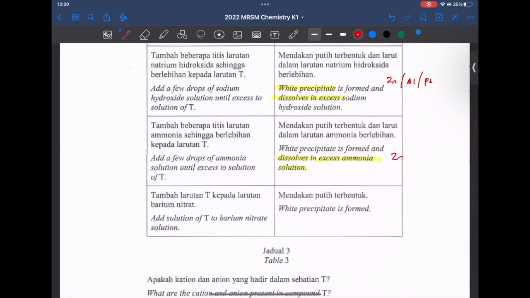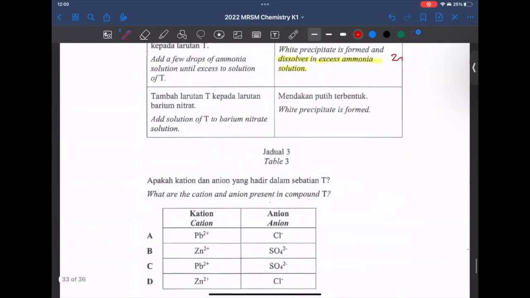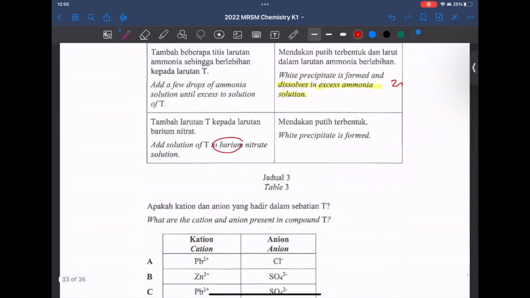zinc already. And then add solution T to barium nitrate solution, white precipitate is formed. So it's most probably zinc sulfate. Because you see barium nitrate added, right? BaSO4 is insoluble, so it can produce a white precipitate.